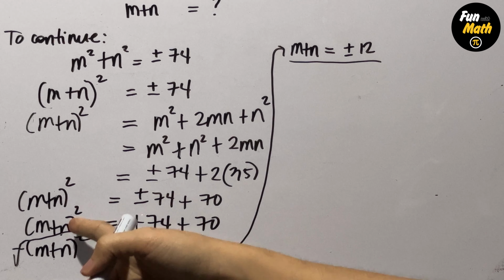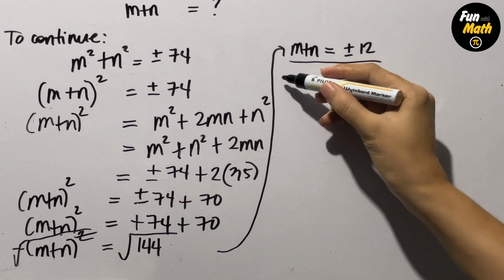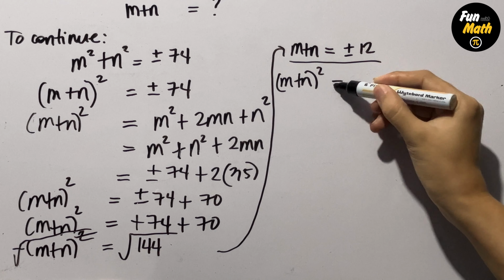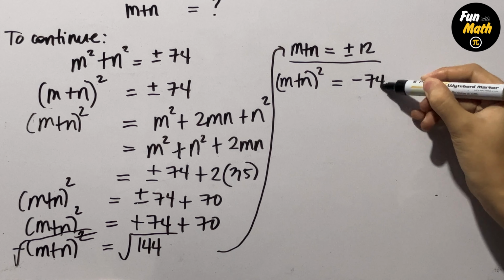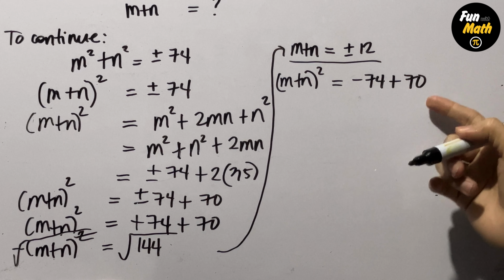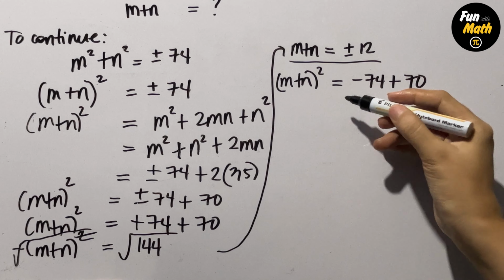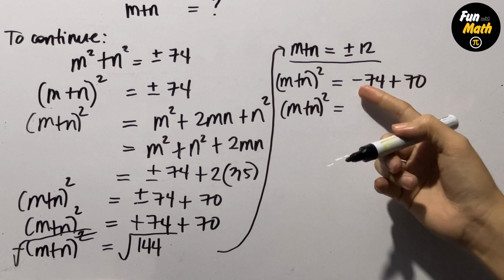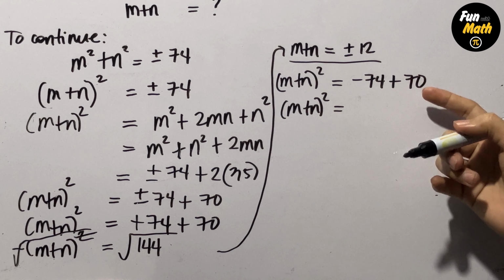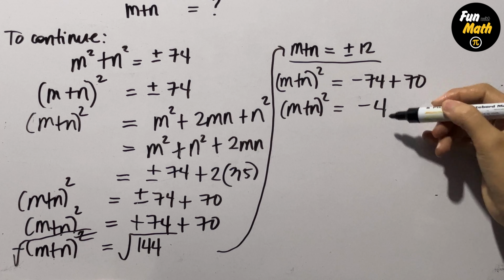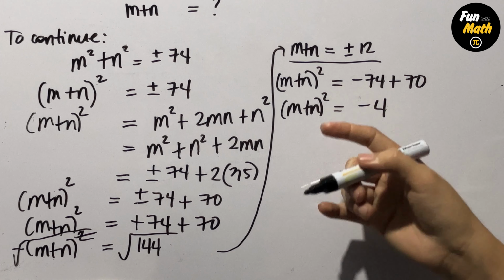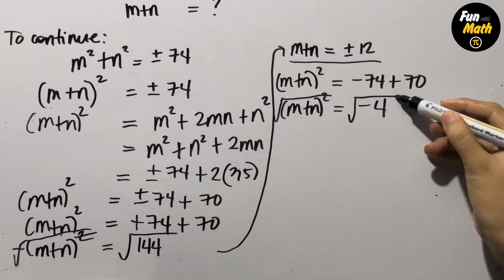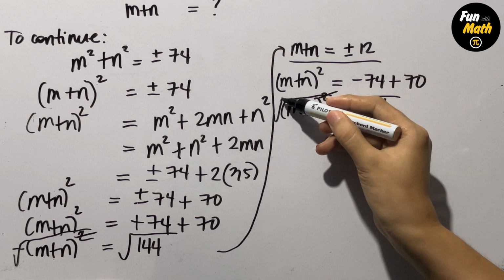Now, the second one is negative. So we have m plus n squared is equal to negative 74 plus 70. Now, m plus n squared equals negative 74 plus 70, which is negative 4. Now, to remove the squared, let's insert a radical on both sides. So this is cancelled, and also the radical.